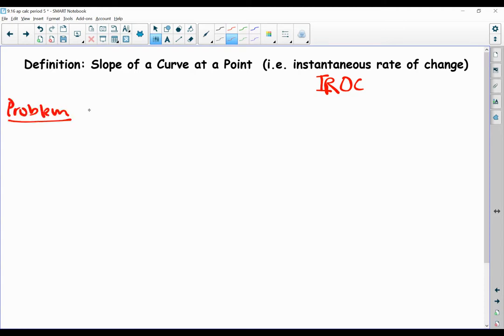The problem, let's say we wanted it at x equals a. If I found the slope between a and itself, which is what I would want to do, I end up with 0 over 0, which is an indeterminate. So what we want to do is do this, but algebra has failed us in this case.